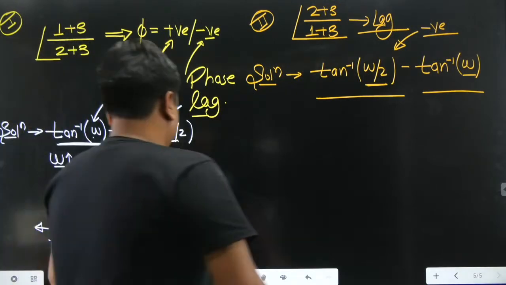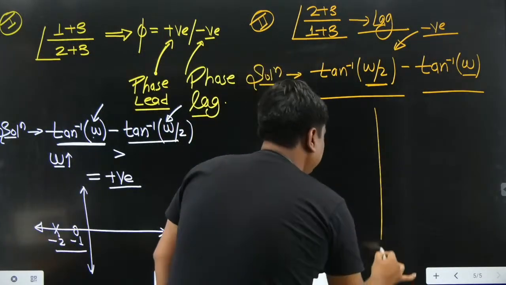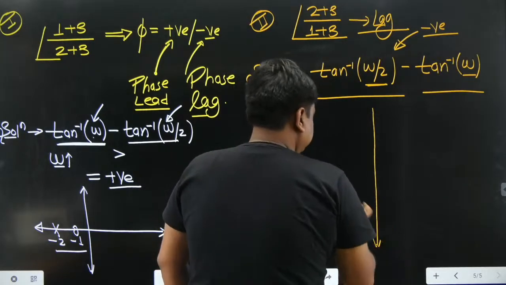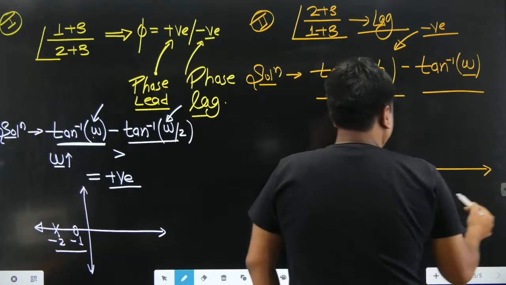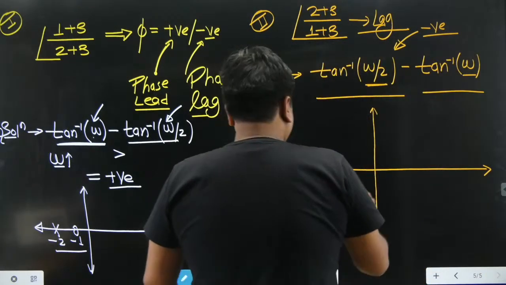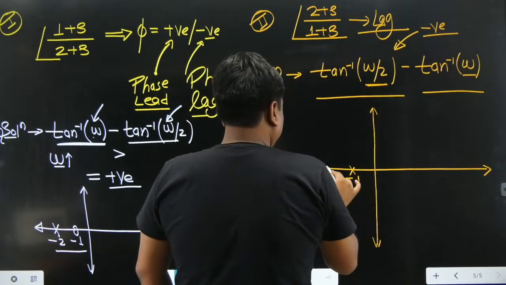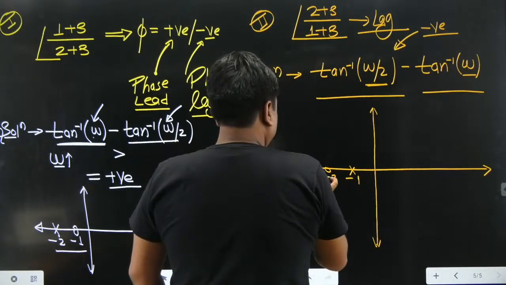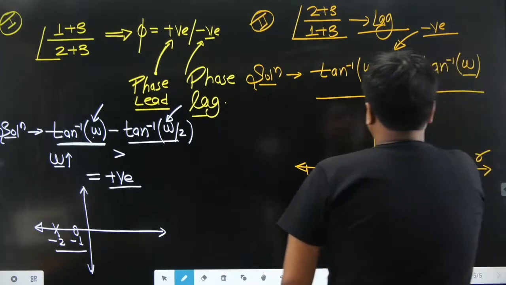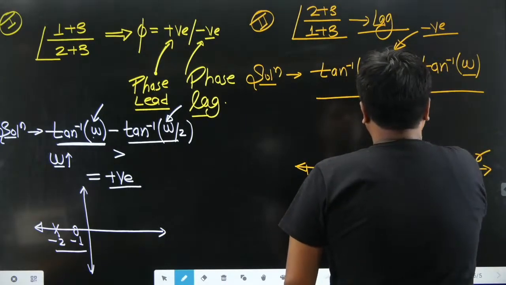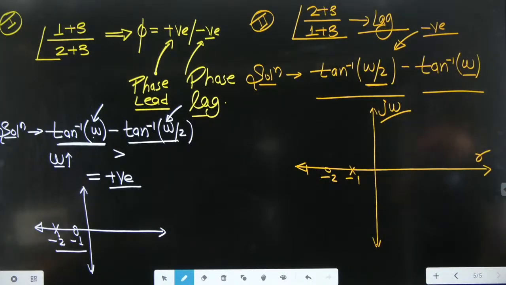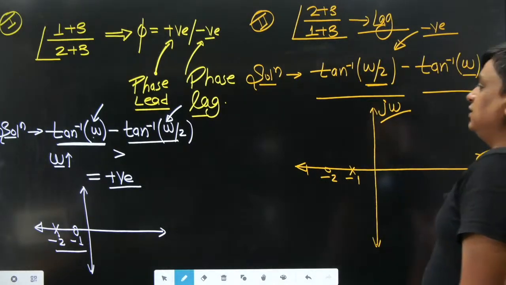So again, the next conclusion which we can retrieve out of it is, just a minute. If you locate, the pole is located at -1 and the zero is located at -2, on the real axis and the imaginary axis.